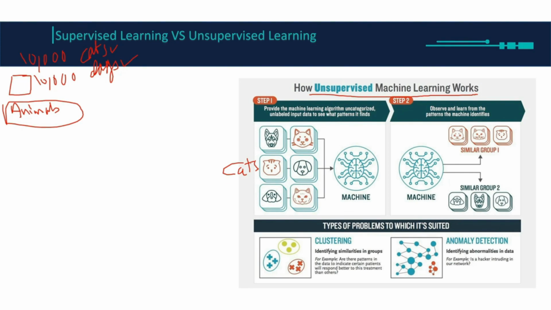So what is going to happen is that all the images are going to be fed into the machine learning, and the machine is going to cluster or group them according to the patterns it finds. Let me go step by step, and let's say I'm the machine learning algorithm and I'm going to find the patterns. Let's say I'm going to group some images according to their pointy ears.